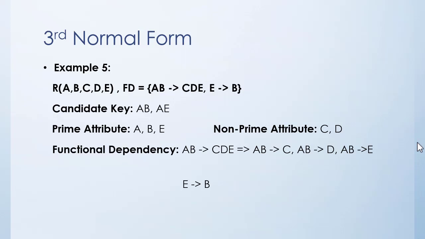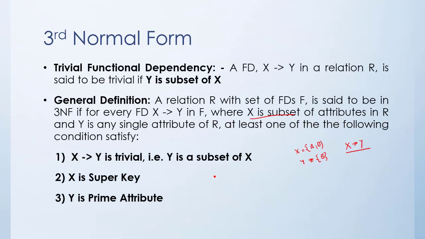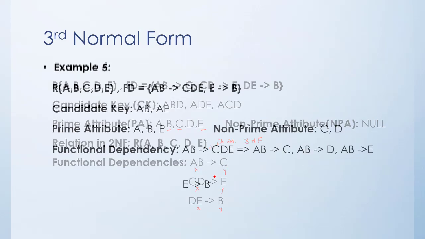Here the functional dependency is given by AB determines CDE. Now here X is AB, and in the second case X is E. Y is B in the second case, as per the general definition of the third normal form.